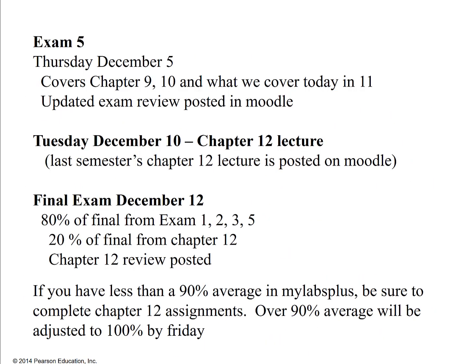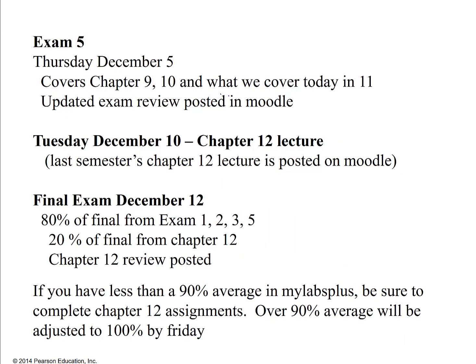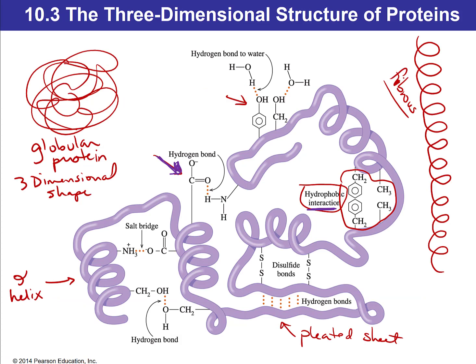Here's the example that I showed you last time, looks kind of like this. So you can see things. Here is non-polar. Remember, non-polar is hydrophobic, water-fearing. Over here, here's polar, hydrogen bonding between different R groups. You can even have polar groups that will want to hydrogen bond with water on the external.